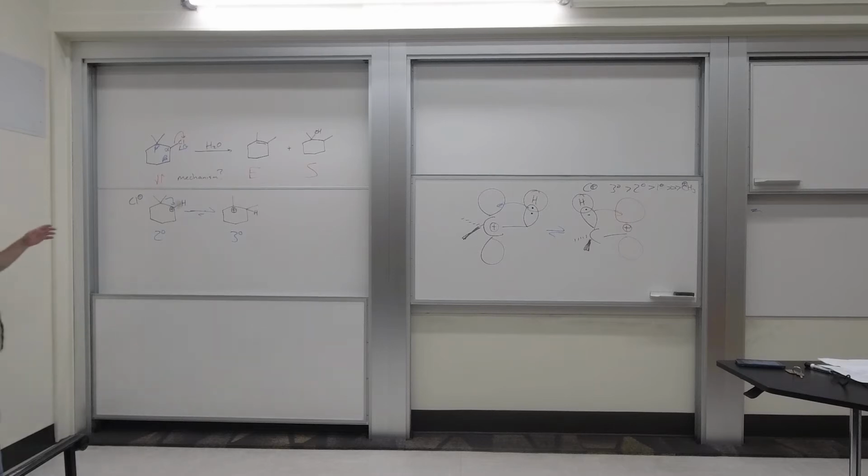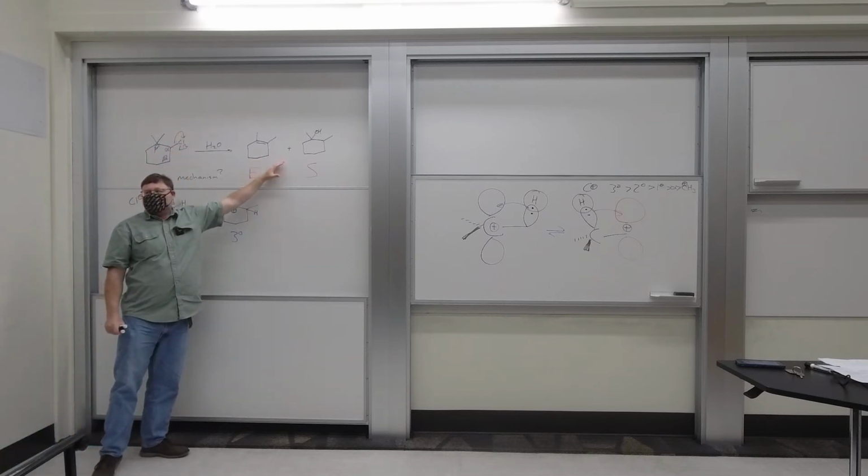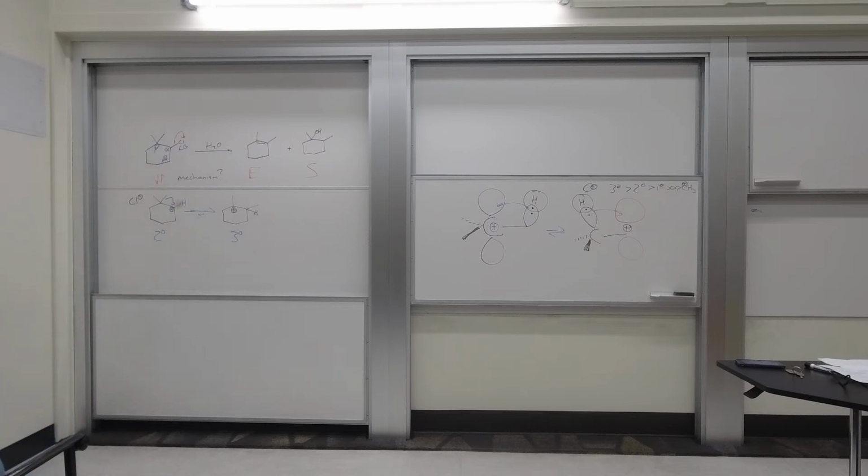I'm telling you, if I mix these chemicals together and I got these products, I'm not asking you to predict the products. I'm asking you to tell me how those products formed. If I just gave you the reagents and said what product forms, one, I haven't given you any conditions. Without temperature, you're not going to be able to differentiate elimination and substitution. So if you'd drawn one of those two, I'd be fine.